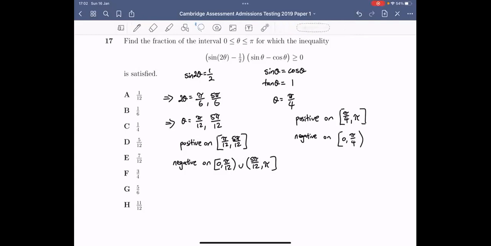So that means we just, let's see, how do I write this properly? Therefore, both positive on, and this is the intersection.